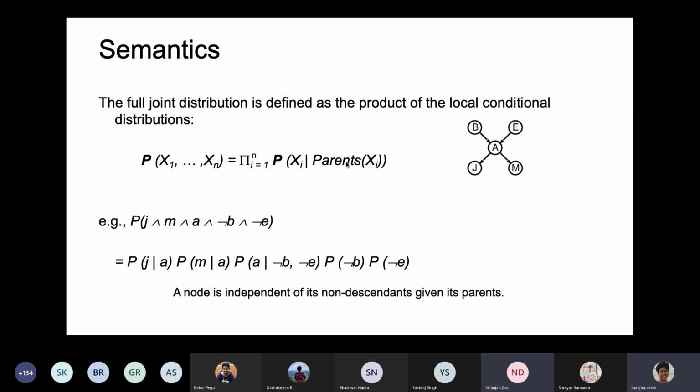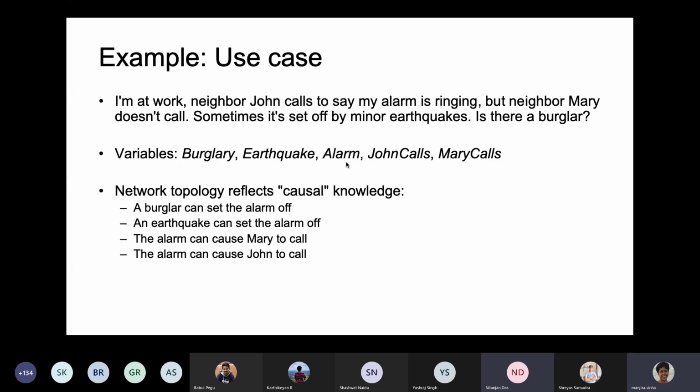Okay. So now let us see how we define the actual full joint distribution on a Bayesian network, because at the end, what we are trying to find is a full joint distribution. For example, in this case, there was a burglary and the alarm went off and the earthquake didn't happen and John calls and Mary didn't call.